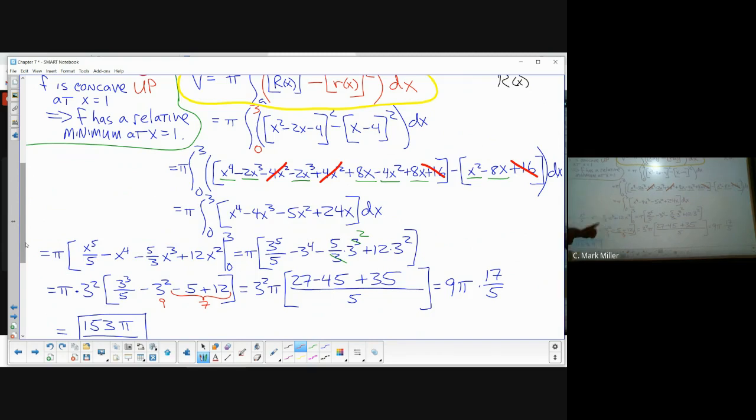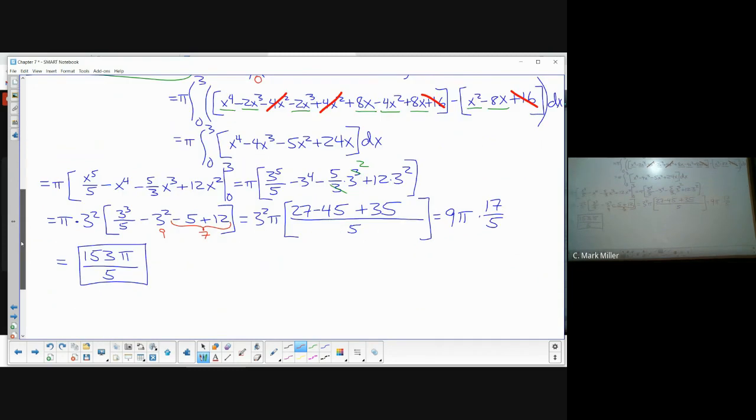Be very methodical in your algebra. When there's a lot of algebra, be very, very careful. There's a million places to mess up. Whenever you see one number is going to be raised to a bunch of different powers, don't expand that number. You imagine how clumsy this would be if right here we would have put x to the fifth, 243 over 5 minus 81 minus 5/3 times 27.